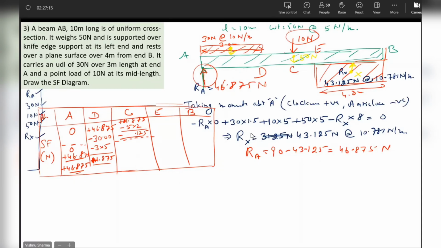Nothing else. And then beam weight itself. So this is the beam weight only, no? 3 meters into 5 newtons. Okay, copy it, sir. It is beam weight. From D to C, it is 2 meters of beam weight. Yes or no? Yes, sir. So 9 minus 1, 8, minus 8.125, if I'm not mistaken. Please see if I made any mistake.